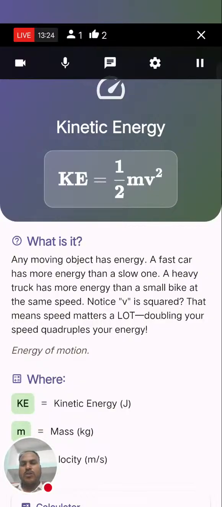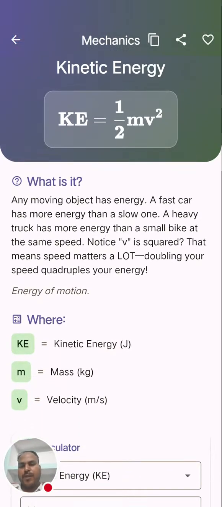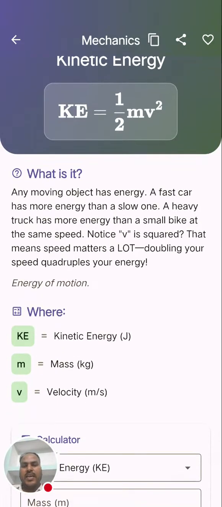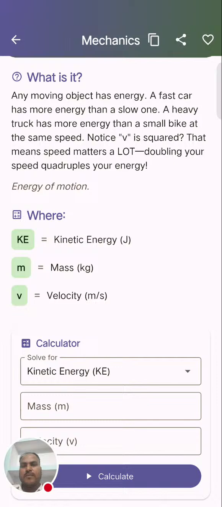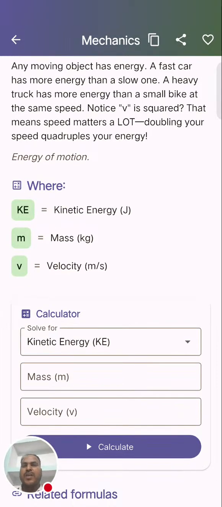Any moving object has energy. A fast car has more energy than a slow one. A heavy truck has more energy than a small bike at the same speed.